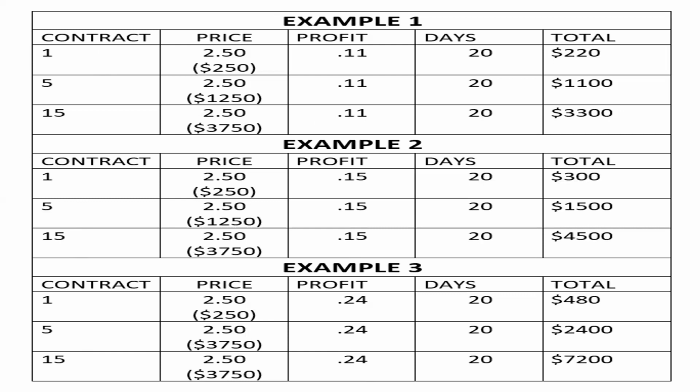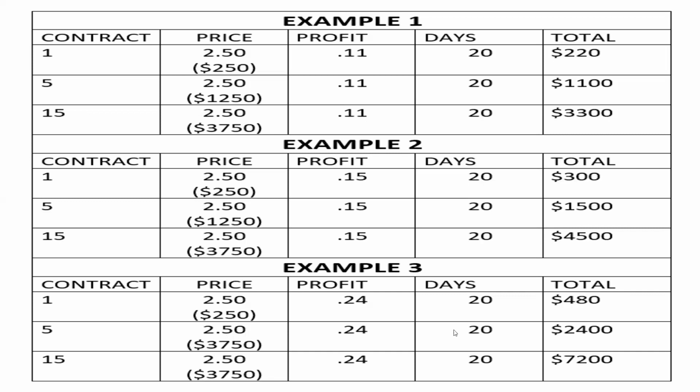So let's say, for instance, we're looking at example 3. At the end of the month, if you withdraw any money out of your trading account to pay yourself, you're going to withdraw anything over that $250. If you're doing 5 contracts, you're going to withdraw anything over $1,250, and this is a typo in here.